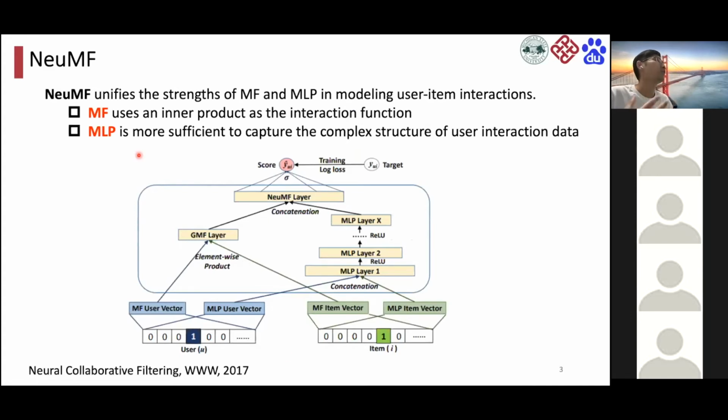And one of the most representative deep learning-based recommender systems is neural matrix factorization, which was proposed in WWW 2017.